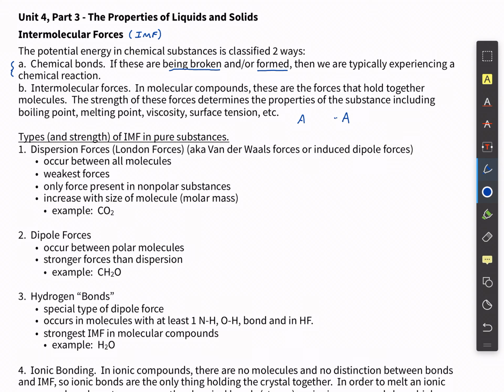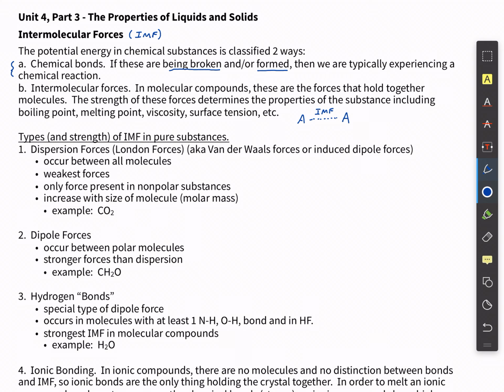We sometimes show these with dotted lines. So this attractive force in between the two molecules would be an intermolecular force. And so once we understand these intermolecular forces, then that's going to help us predict pretty much all of the properties and understand how these materials behave and interact with other materials.